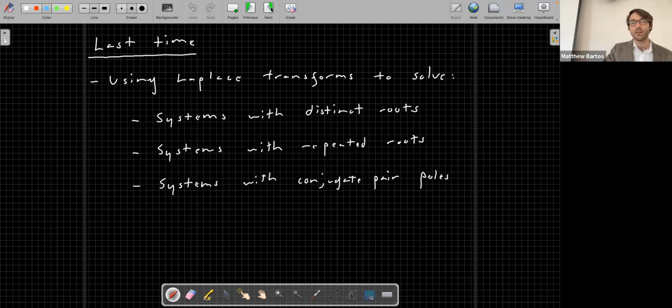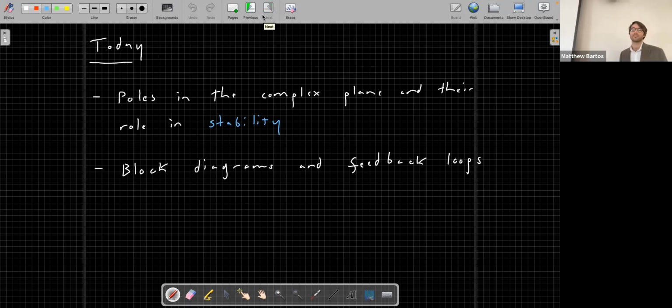Okay. So today we're going to be taking a step back and having a bit more of a conceptual discussion. Previously we talked about how Laplace transforms are useful for solving the particular solutions to LTI systems, but they also provide us with a lot of other useful information about the system.